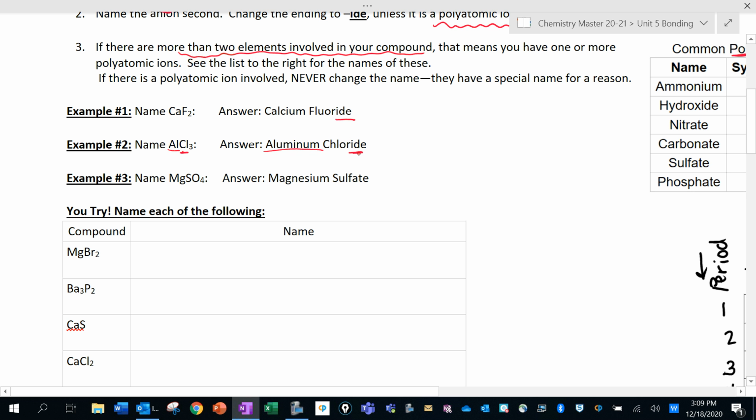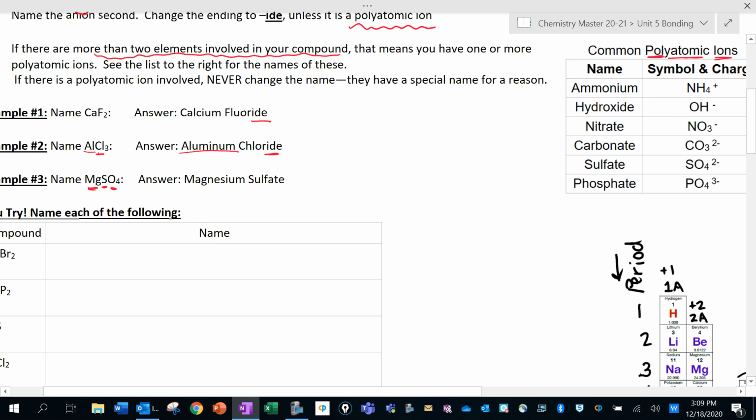And then MgSO4, notice this has magnesium and sulfur and oxygen. It's got 3 elements in it. So that's your clue that one of these is probably a polyatomic ion. So I'm going to look over my list and see if any of these look familiar. And I see SO4. So SO4 is sulfate. So this substance is going to be magnesium sulfate.